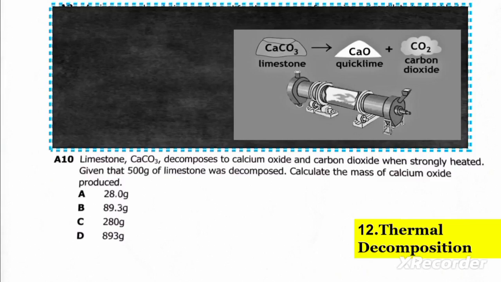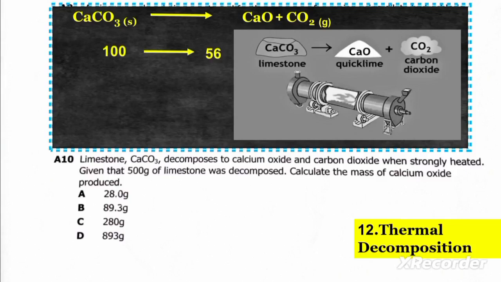So if we decompose limestone, the common name, scientific name calcium carbonate, we are going to produce calcium oxide plus carbon dioxide.